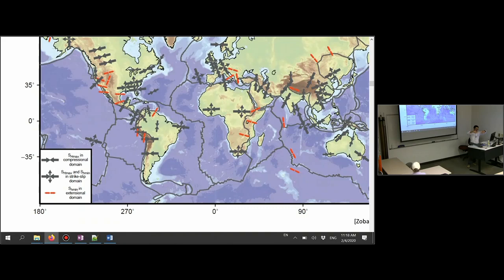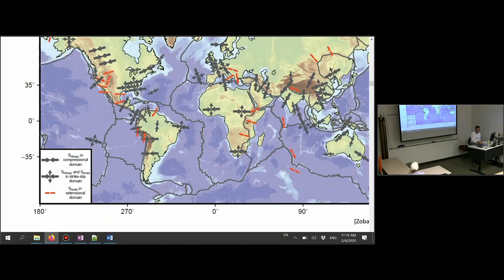Nazca plate going west to east, South American plate going east to west. So in which direction would you expect your maximum horizontal stress? If these are colliding like that, very likely this maximum horizontal stress is going to be in direction east-west too. And that's what you see with these arrows.